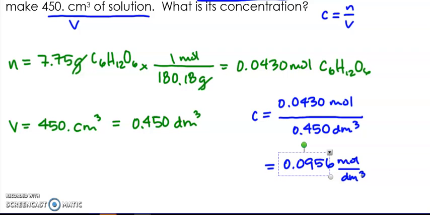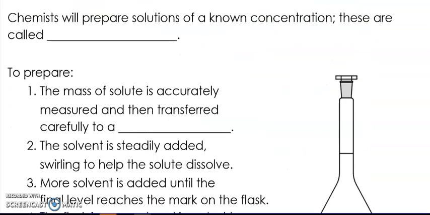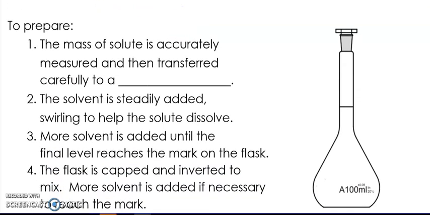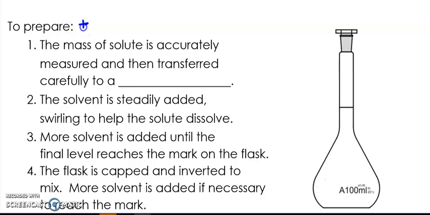All right, so chemists make solutions with specific concentrations. I do this for you in the lab all the time. So these are called standard solutions. So to prepare them, to make them, I will show you this in class.